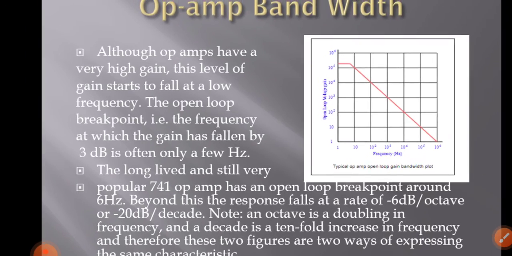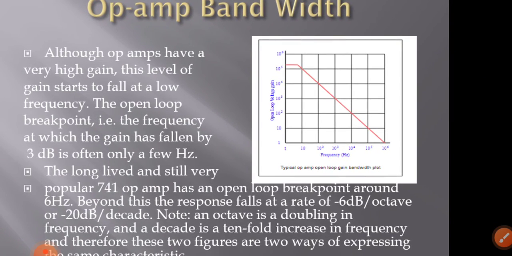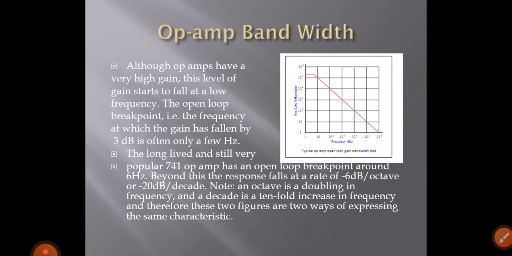The characteristics depend on this kind of circuit, the frequency response of the open loop configuration. One more thing: gain is always inversely proportional to the bandwidth. We have to find the bandwidth by using the voltage gain and the frequencies.